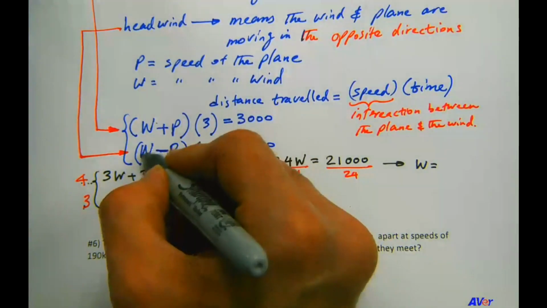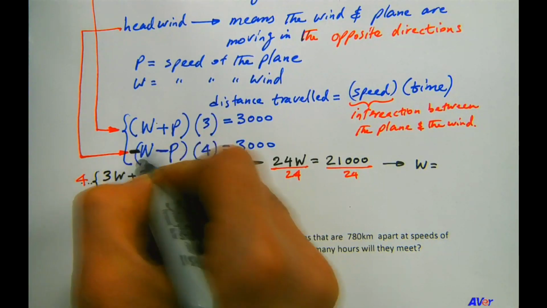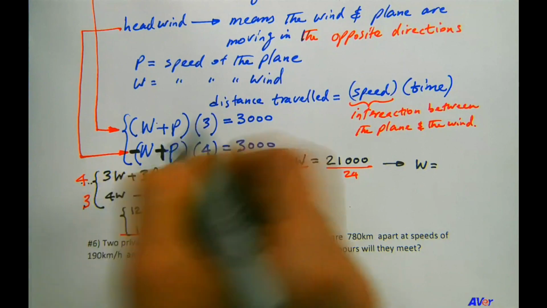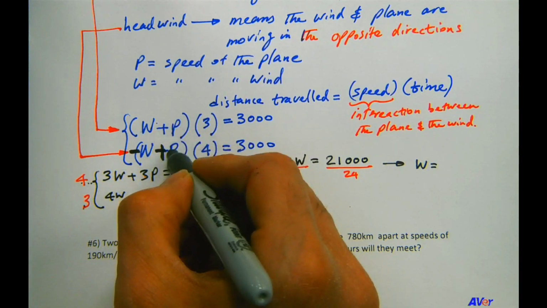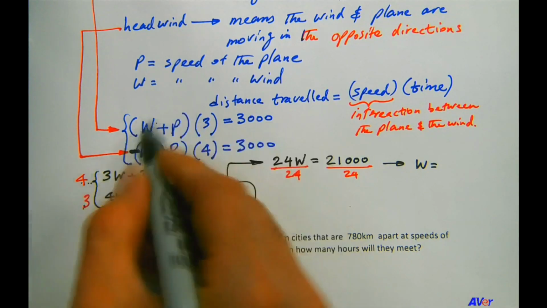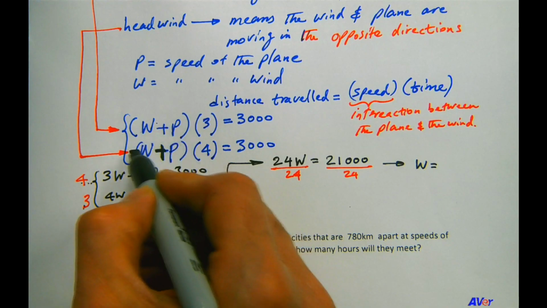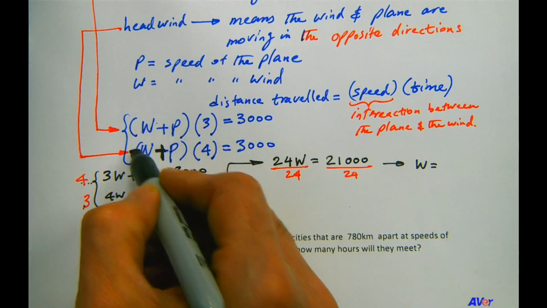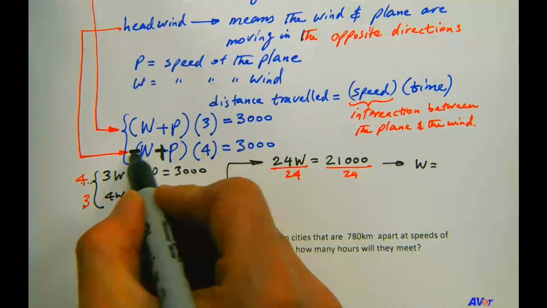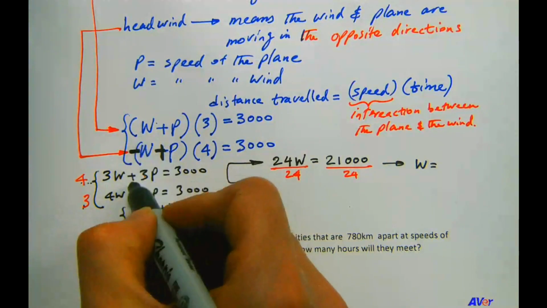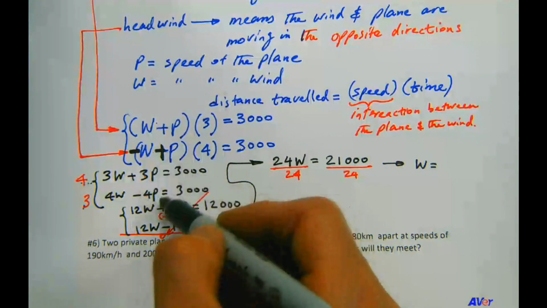So instead of W minus P, it should be minus W plus P. So the plane is going the same direction, the same distance, once with the wind cooperating, and the second time the wind is going against that direction. So I'm changing those two algebraic signs. Okay, and when we do that, the whole thing makes sense then.